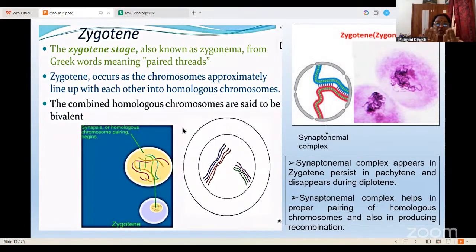Now, synapsis occurs such that chromosome 1 will pair only with chromosome 1 of the other parent. Chromosome 1 will not pair with chromosome number 2, because chromosome number 2 is different. So chromosome 1 of maternal and chromosome 1 of paternal are called homologous chromosomes, and the pairing between these two homologous chromosomes is called the zygotene stage.